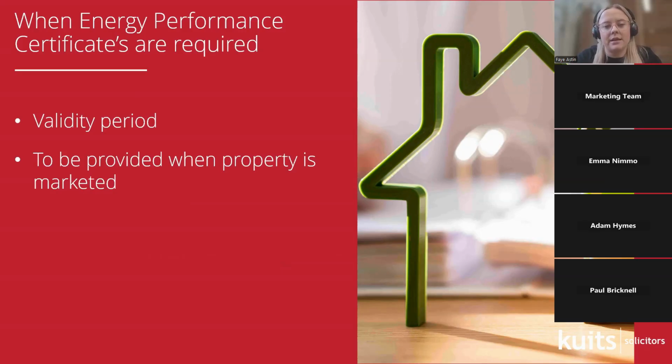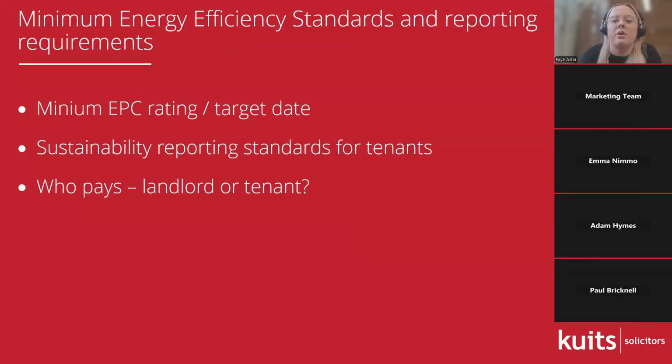So a couple of things that weren't mentioned in this particular partial response to the consultation is something that's been discussed by the government previously, which is the minimum energy efficiency standard and reporting requirements. Previous government targets referred to commercial properties obtaining an EPC rating of C by 2027 and an EPC rating of B by 2030.